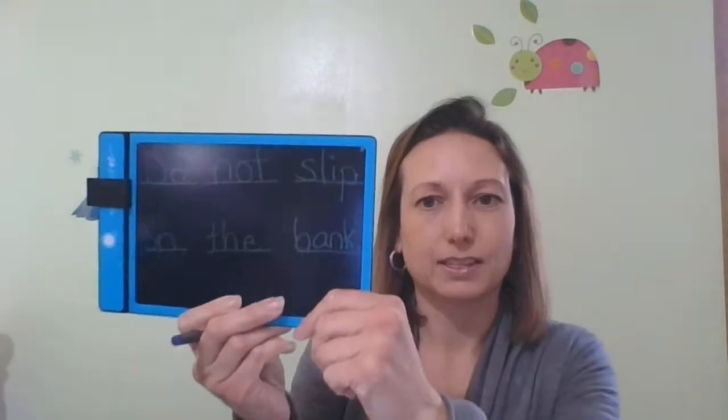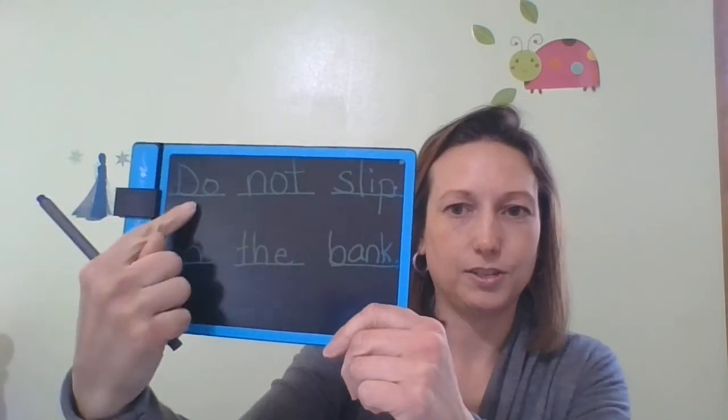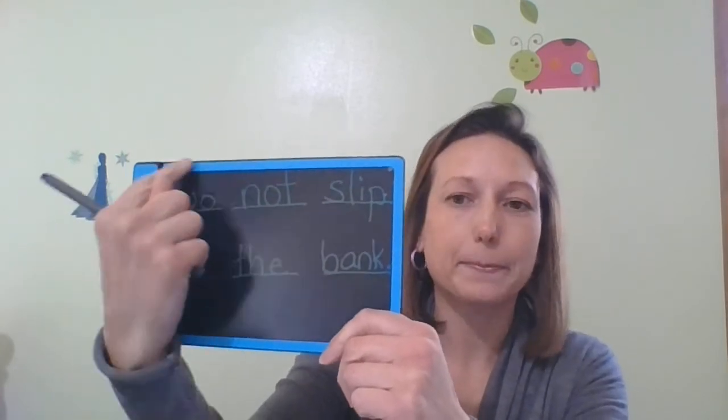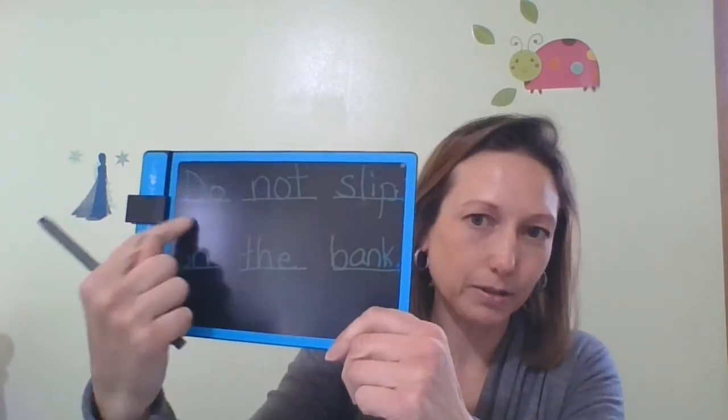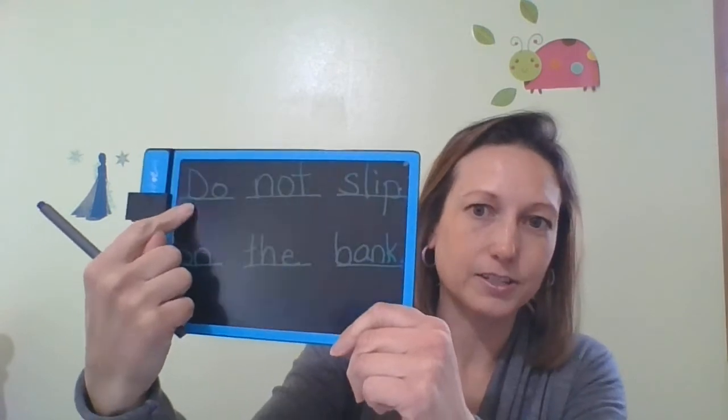And if you need more time, go ahead and pause the video and finish your sentence. If you're ready, you can check with me. Do not slip on the bank. Do, D-O, uppercase D, because we always start our sentences with uppercase letters.